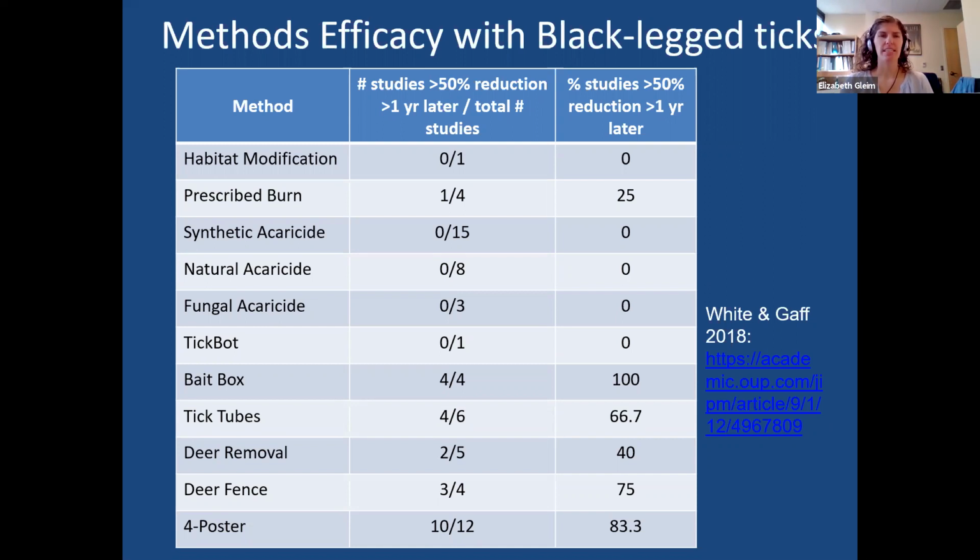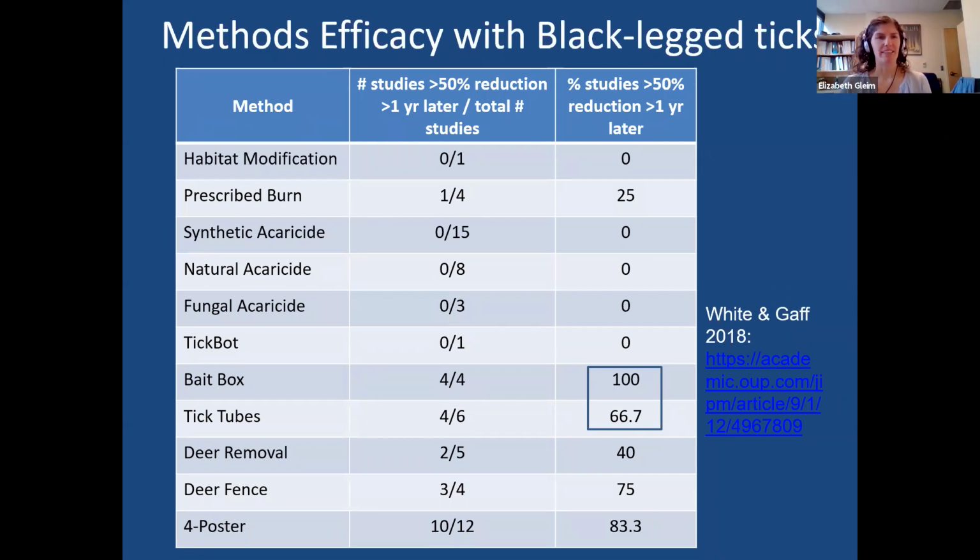And you can see, your eye might immediately jump to where we saw the highest efficacy, which was bait boxes and tick tubes. One point of clarification: these are all studies. So when I say 4 out of 4, that is 4 studies that found a 50% reduction for over a year, out of the 4 studies that they examined that were looking at bait boxes.